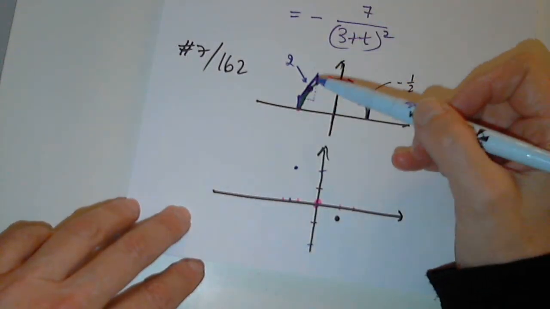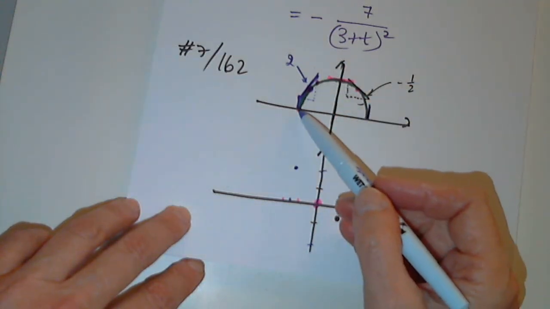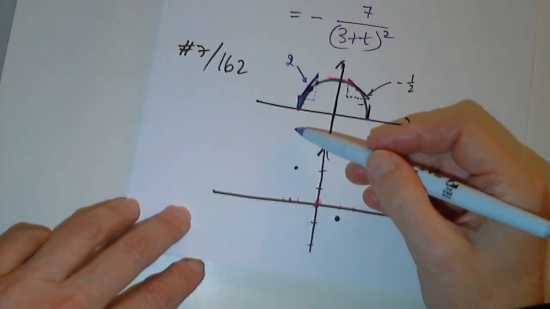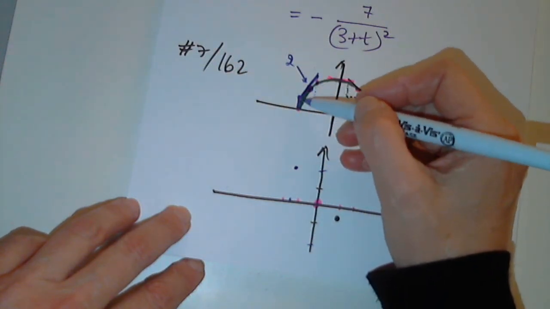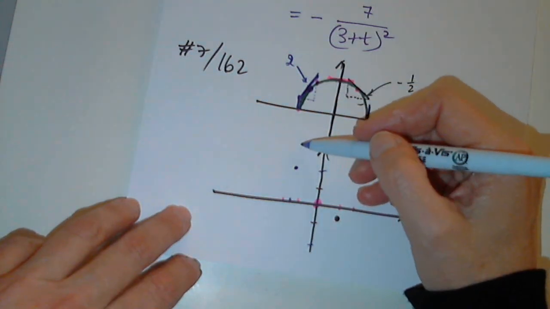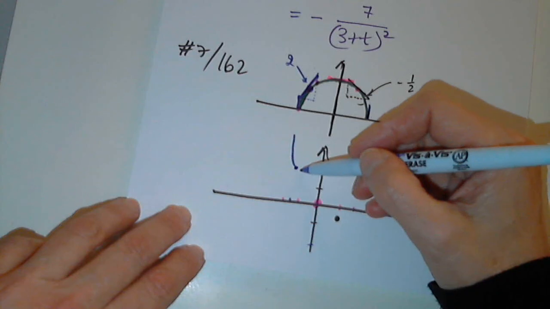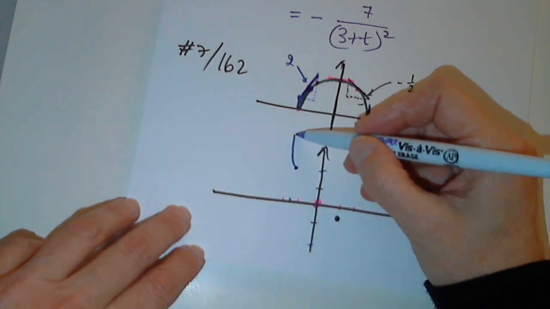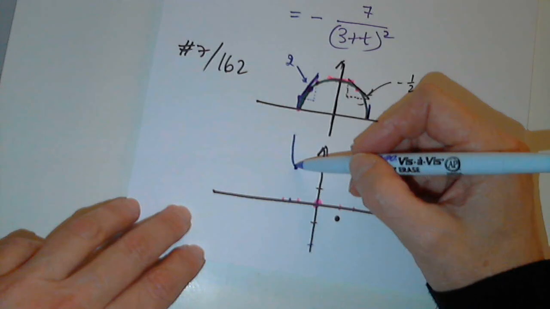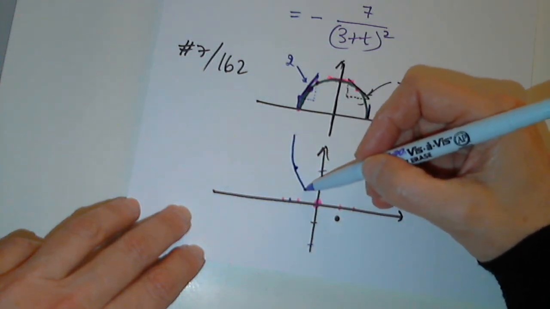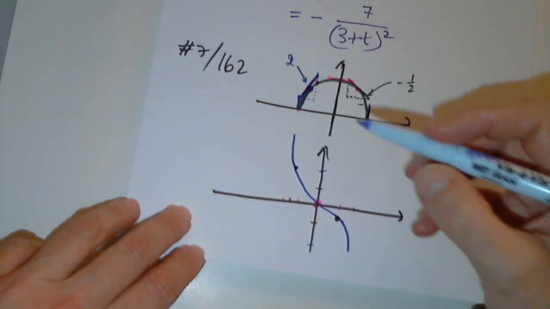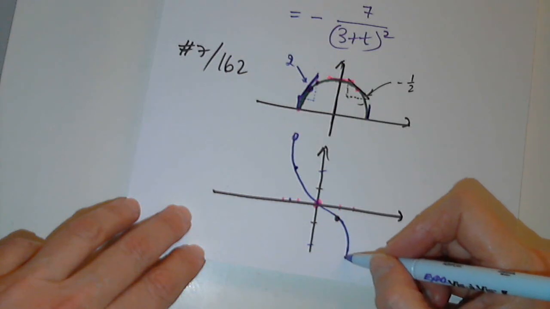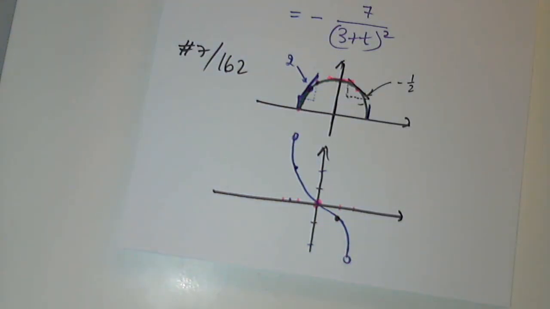So obviously, the closer I get to this point, the higher the slope. So here, it's, I don't know, 5. Closer is 10. So it really is something like this. And it's going down, and then continues to go down. And I will say the derivative does not exist at those points.